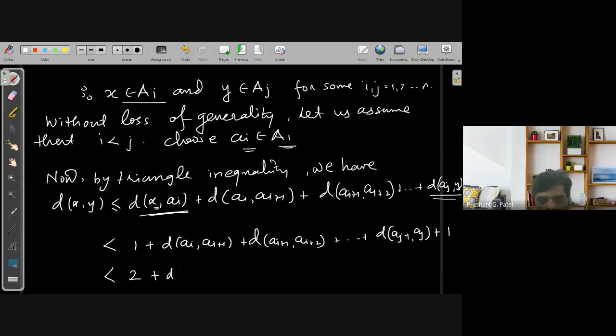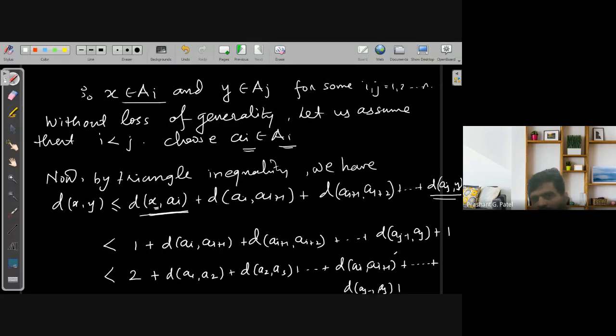So I am just adding these terms d of a1, a2, plus d of a2, a3, up to d of ai, ai plus 1, up to d of aj minus 1, aj, plus further terms, up to d of an minus 1, an.